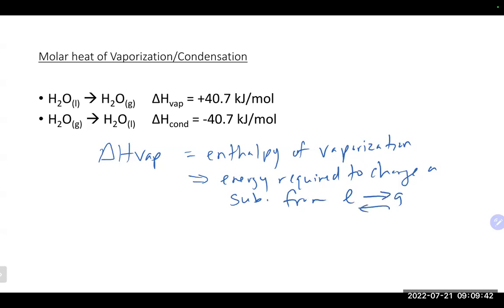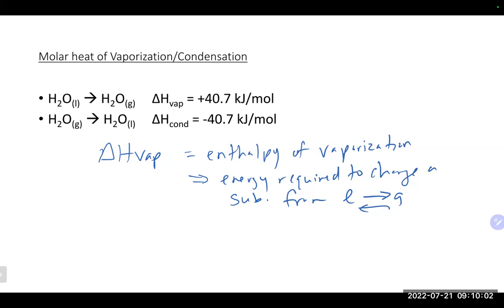Remember that evaporation and condensation basically occur at the same temperature, at the normal boiling point. Because it happens at the same temperature, the delta H of vaporization is the same number. So we're not changing the temperature. We're just taking something from liquid to gas or gas to liquid.